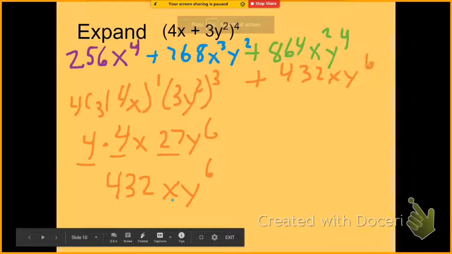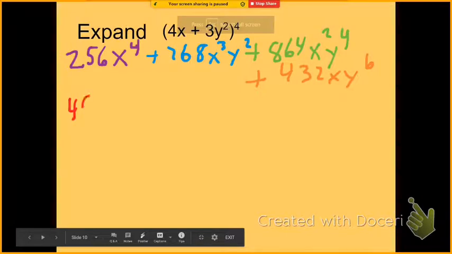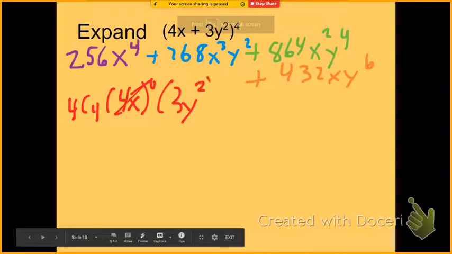Okay, and then our final term is going to be 4 choose 4. So you always end with n choose n times (4x) to the 0 power. So that's just 1. We don't have to really think about that. Times (3y²)⁴. Alright, and this is also just 1, so we don't think about that either. So 3⁴ is 81.